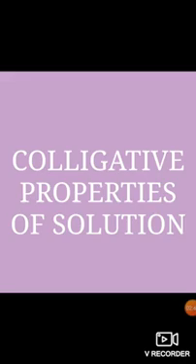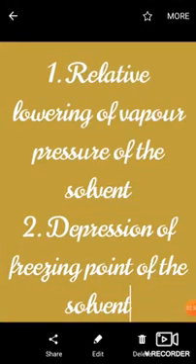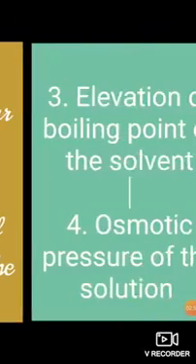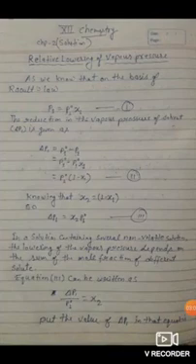Now we will discuss the first property, relative lowering of vapor pressure. We have a mathematical derivation for the relative lowering of vapor pressure. First, we have learned in the previous topic Raoult's law and Henry's law. On the basis of Raoult's law, P1 is equal to P1° into X1.